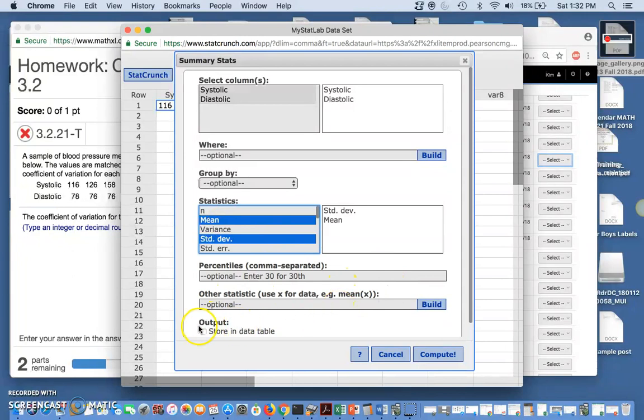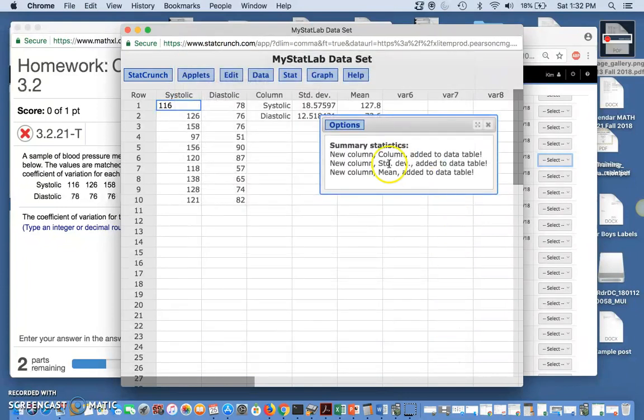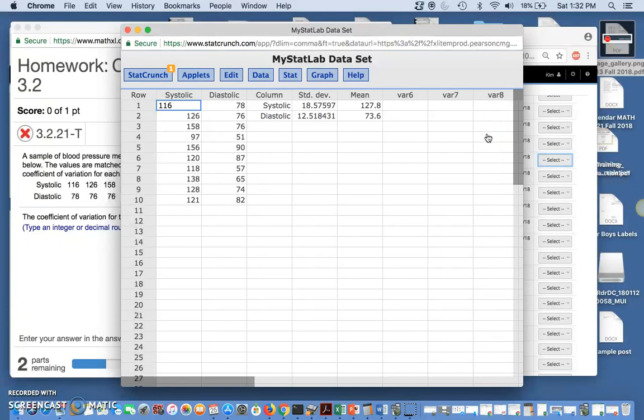Okay, we want to store this data in our table, and then we're going to compute it. And it's created a new column for both of those. Now we want to compute the actual coefficient of variation.